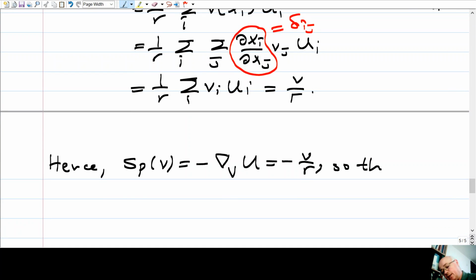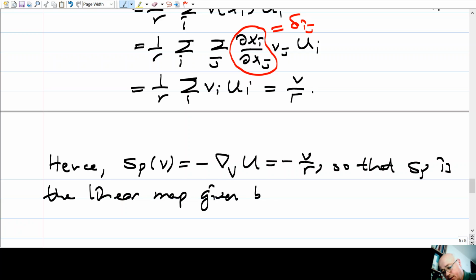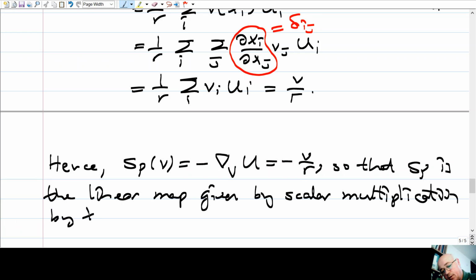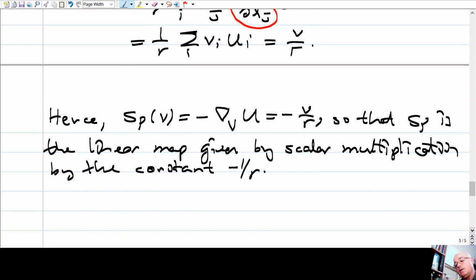So this linear map S_P is given by scalar multiplication by the constant minus 1 over r, where r is the radius of the sphere.